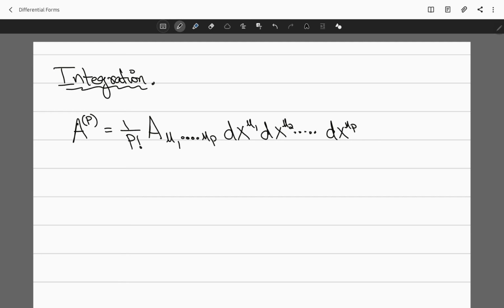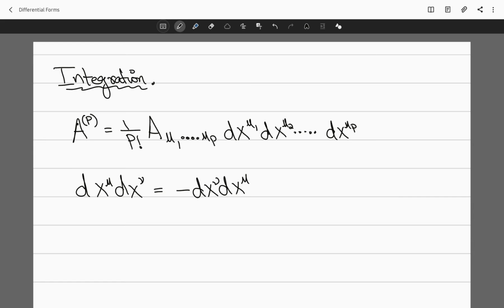And here the differentials anti-commute. What that means is that if I do dx^mu dx^nu, that is simply equal to negative of dx^nu dx^mu, right? So the differentials anti-commute.